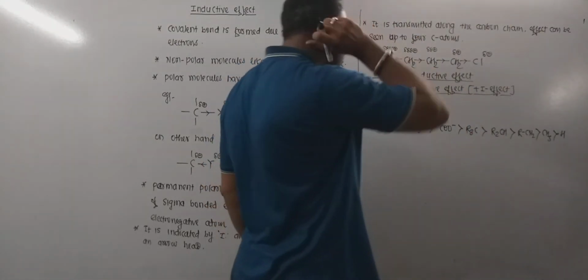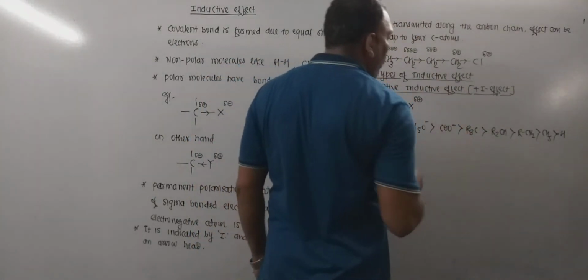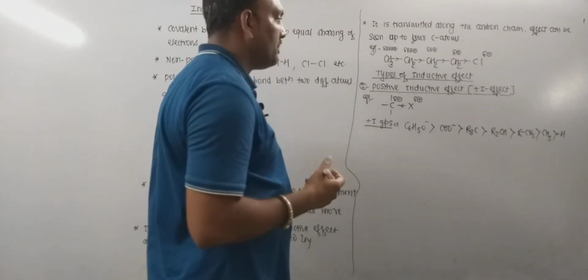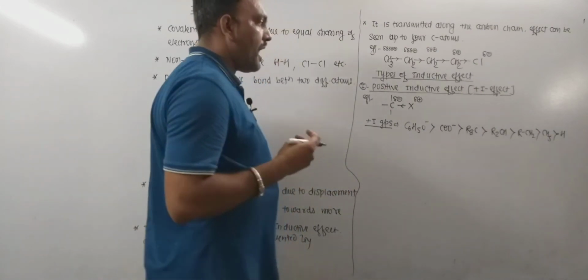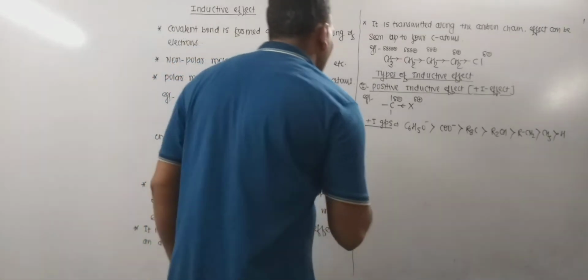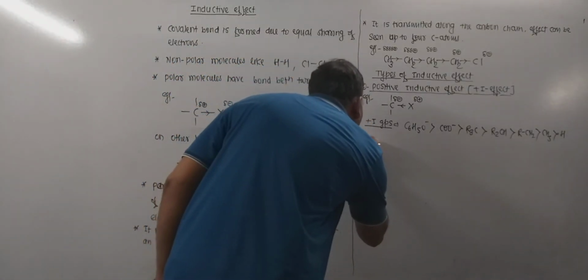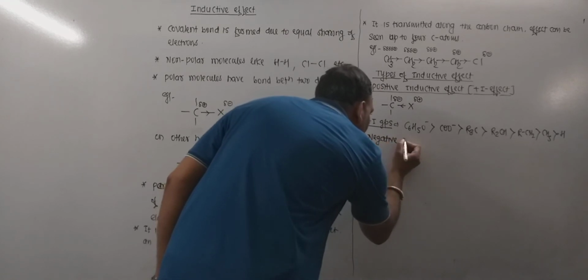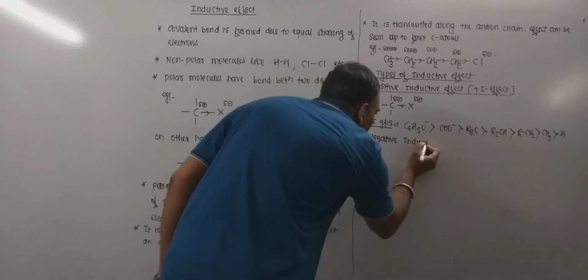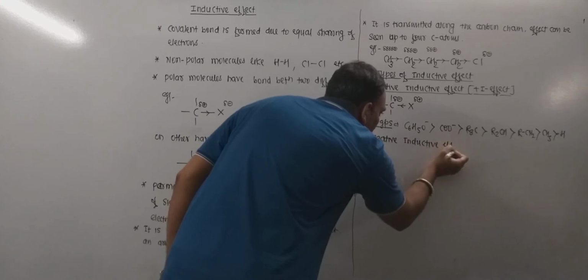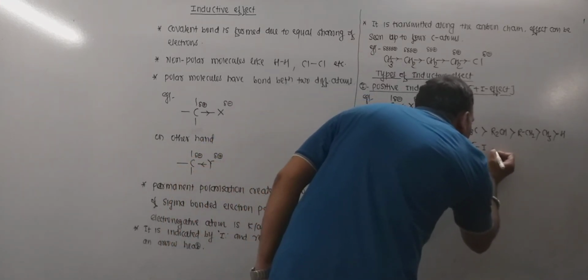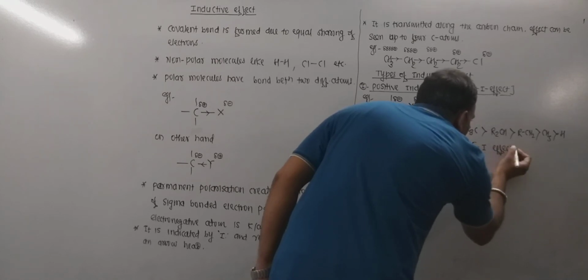So this is the order of the various groups to show the plus I tendency. Another type of inductive effect which can be discussed is the negative inductive effect, popularly known as the minus I effect.